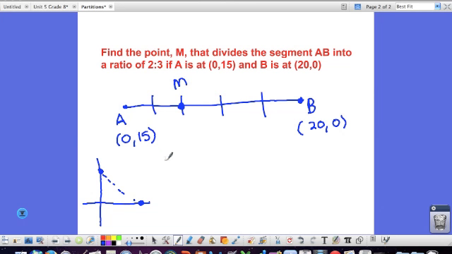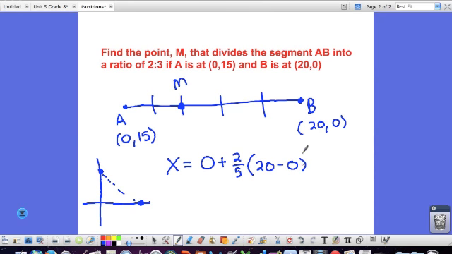The x value is the x coordinate of our point M. We're going to take our starting x value, which is 0, and add 2/5 of the total distance of the x value, which is 20 minus 0.